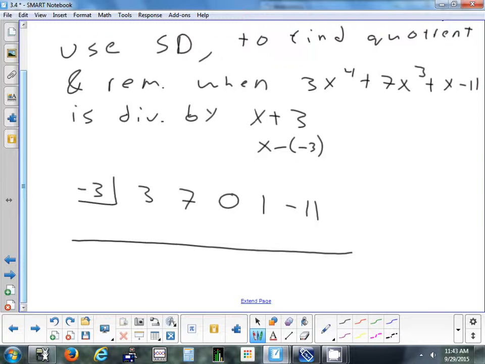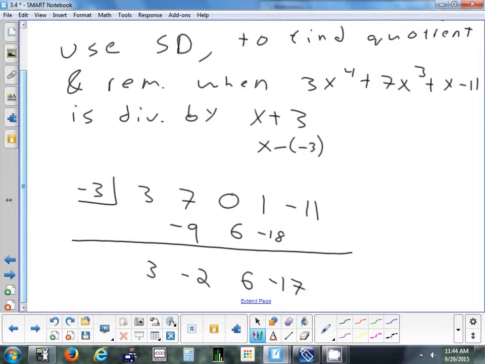All right, and then synthetic division can be really fast if you know exactly what you're doing. Bring down the 3. -3 times 3. Add. 7 take away 9. -2. -3 times -2. 6. 0 plus 6 is 6. -3 times 6 is -18. Add.